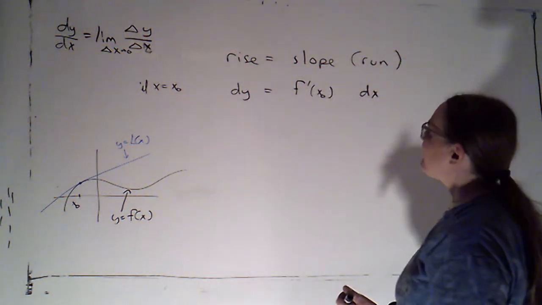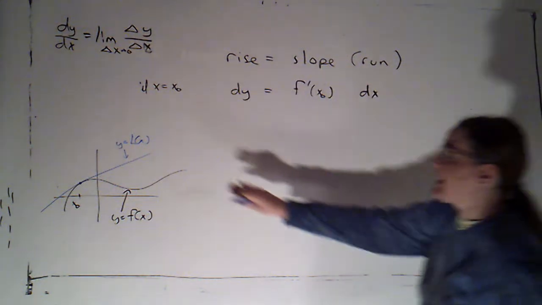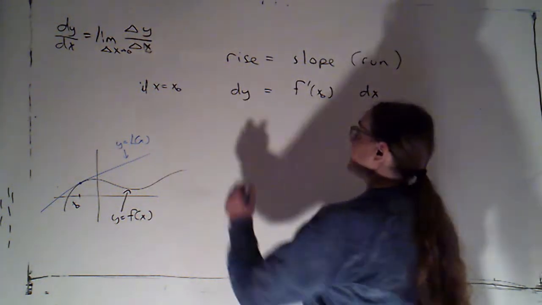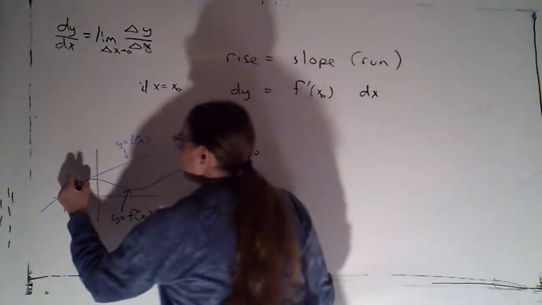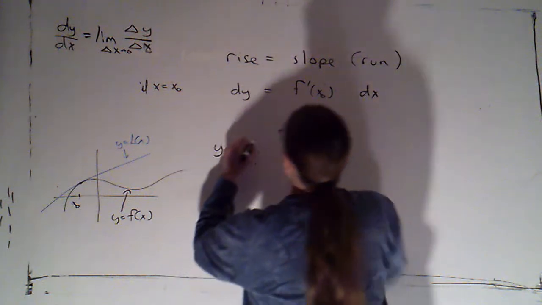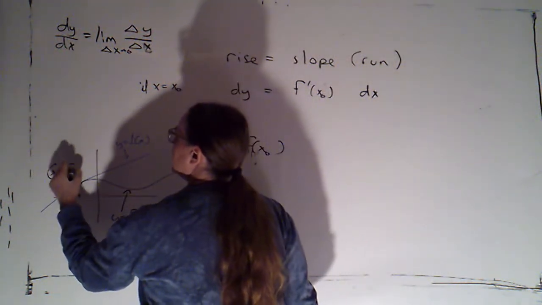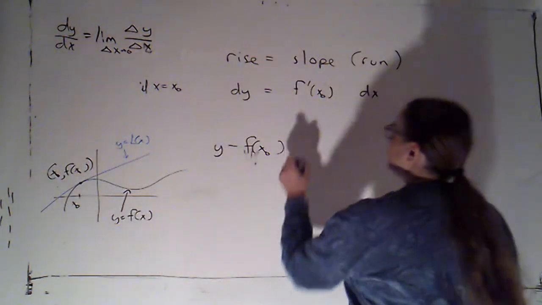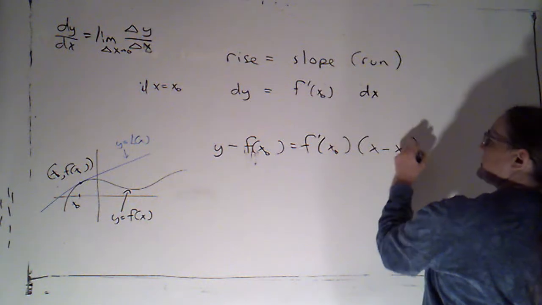We've also been using rise equals slope times run if we wanted to get an equation of the tangent line. I would say in this case, y minus f of x naught, so this would be the point x naught, f of x naught, equals f prime at x naught times x minus x naught.